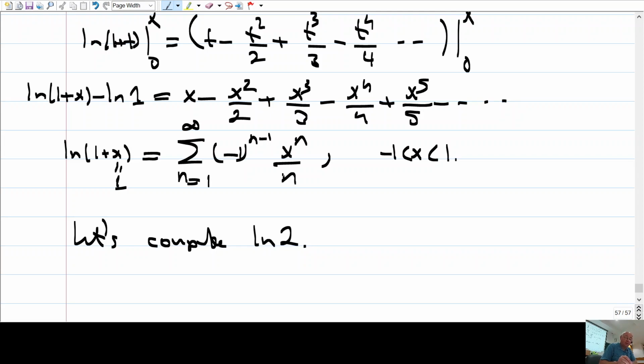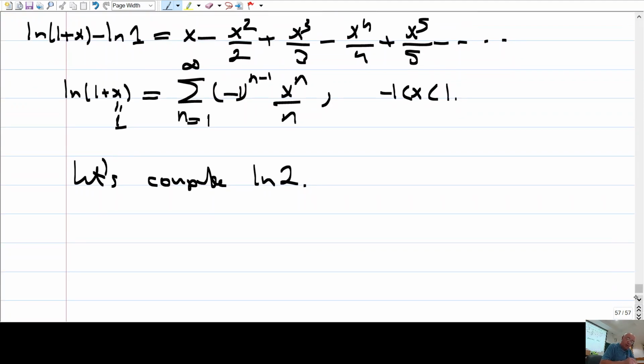But the question is, here x is between 1 and minus 1. So I cannot let right away x equal 1 because it is not allowed. The theorem for differentiation and integration works for open intervals. So how can I plug 1 here?